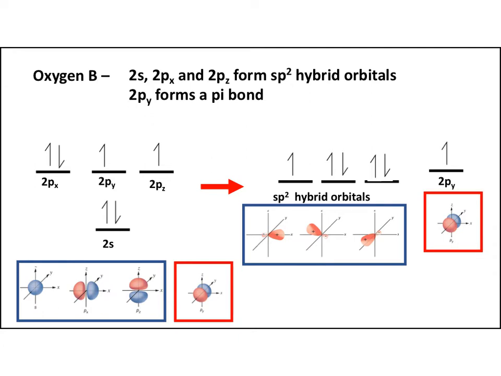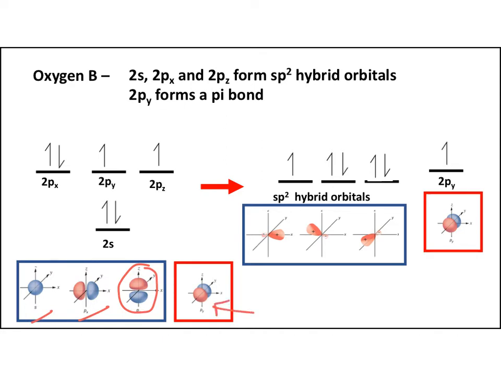Oxygen B, again, has the same initial electronic configuration, but we'll use slightly different orbitals to form the sp2 hybrid orbitals. So oxygen B is actually going to use the pz and the px and the 2s.